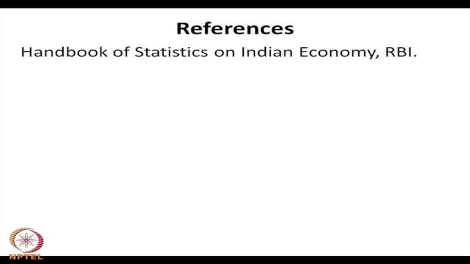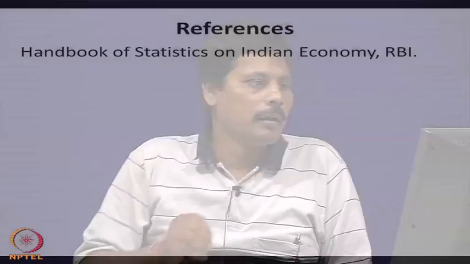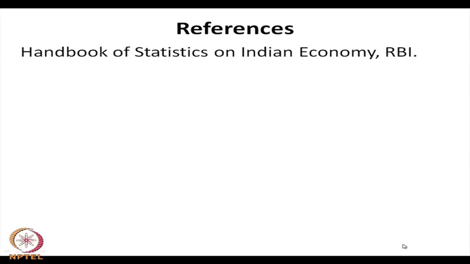RBI publishes these statistics every year, and they will help you understand our export and import baskets, the various components of the invisible side, and the composition of our capital account, that is, whether it is more FDI or portfolio investment. The reference is the Handbook of Statistics on Indian Economy published by RBI.